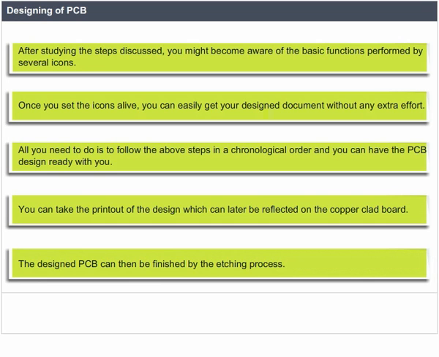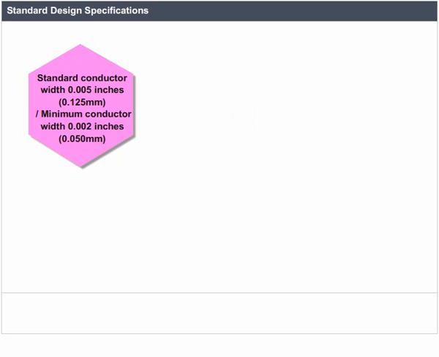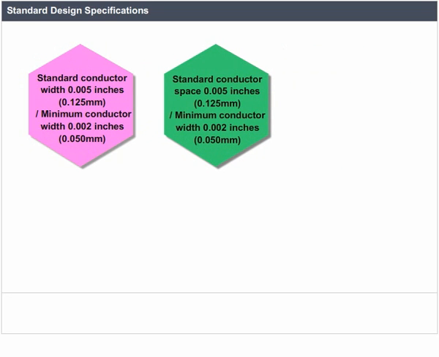Standard design specifications. Standard conductor width 0.005 inches, 0.125 millimeters. Minimum conductor width 0.002 inches, 0.05 millimeters. Standard conductor space 0.005 inches, 0.125 millimeters. Minimum conductor width 0.002 inches, 0.05 millimeters.